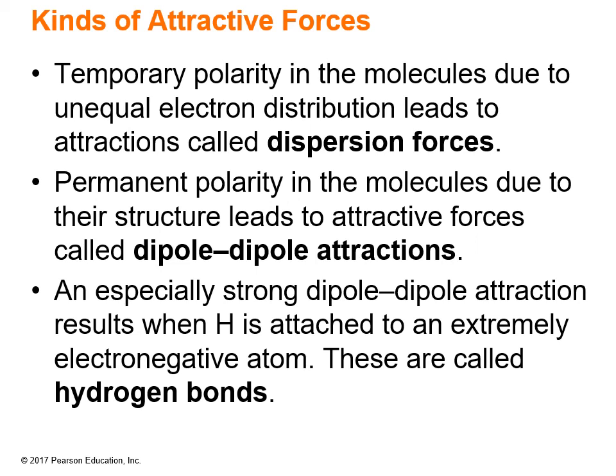And an especially strong dipole-dipole attraction happens when we have a hydrogen attached directly to a very electronegative atom, and these are called hydrogen bonds. And the types of electronegative atoms that are found are oxygen, fluorine, or nitrogen. So when hydrogen is directly attached to those, we can form hydrogen bonds.